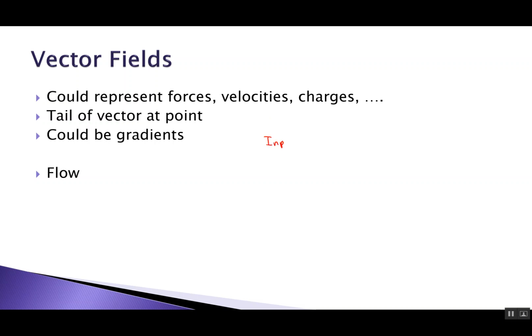So its input is a point, either in two variables or three variables, and its output is a vector. These could be gradients of a function, and they're used to measure how things flow, how things move. We'll look at an example on the next slide.